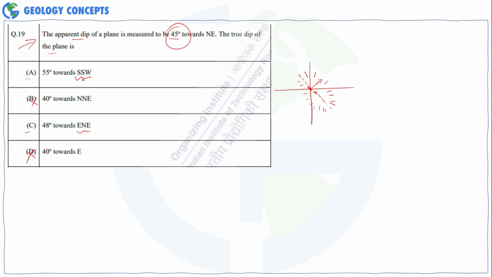And if you can see, the south southwest, which is something like this, is one of the options which we can easily rule out. Hence the correct option here will become C. So your true dip can be in this direction and is of course more than 45 degrees. So the correct answer here will be C.